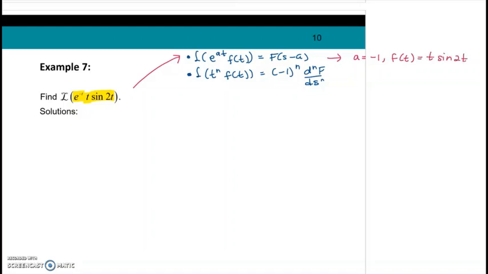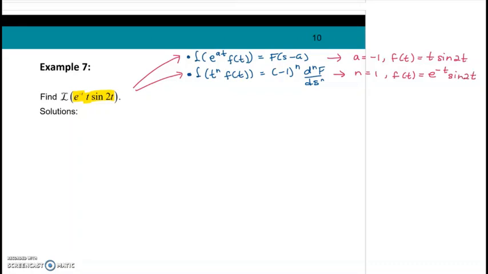If you want to map to this one, then your n is 1, t power of n, then the f(t) would be the other two terms, other than the t. So f(t) would be exponent negative t sine 2t.